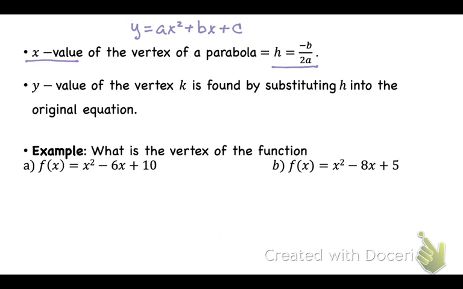Write that down. The x value of the vertex, which is h, is negative b over 2a. And that's using the formula that we just got a minute ago.